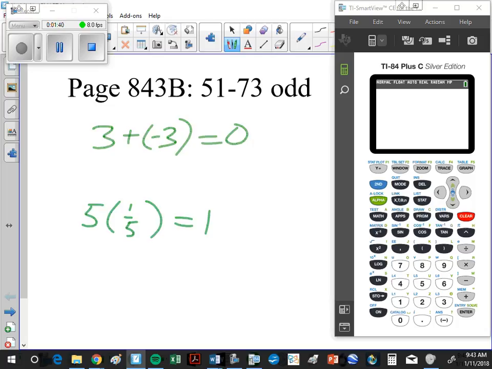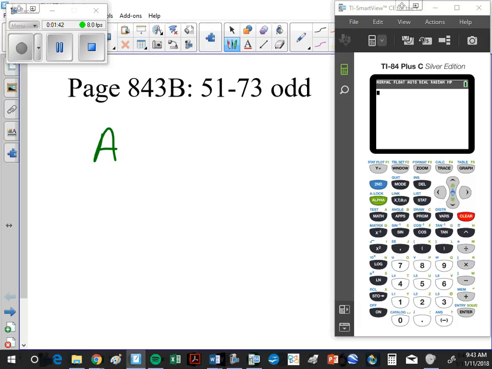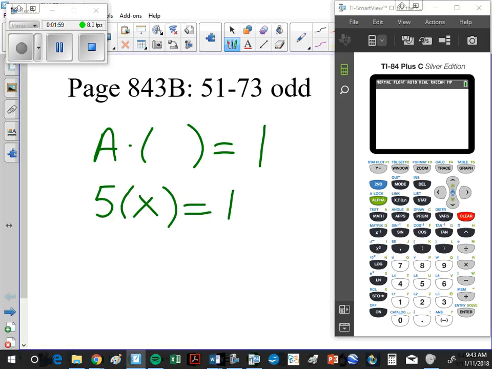So if I had some number and I combined it with something else, and for multiplication the identity is 1, how would I find that? Well, let's have an example. If I had 5 times x equals 1, I would divide by 5, and I would get x is 1/5.